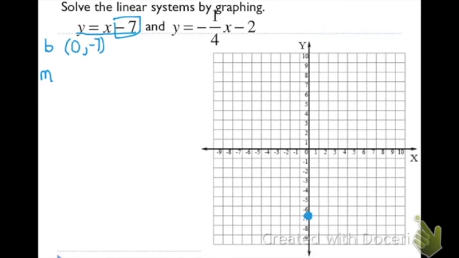Now, there's a 1 in front of that lonely variable, even though we don't write it down. So my slope is going to be 1, and I'm going to change that into a fraction, 1 over 1, and I'm going to put some driving directions. I'm going to go up 1 and to the right 1. So from my point, -7, I'm going to go up 1 to the right 1, up 1 to the right 1, as many times as I need to make a really good line.